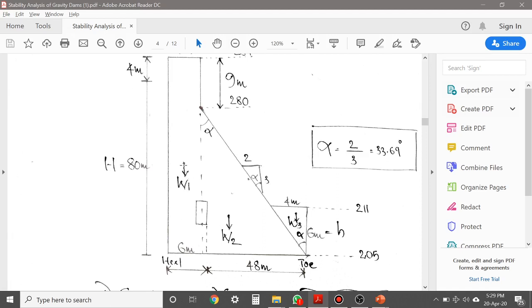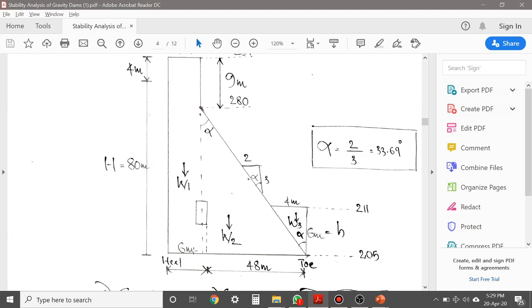So let's take W1, that is self weight of this rectangular portion. You know that self weight will always act at the centroid. So if it is the centroid, this distance will be 6 by 2, that is 3.